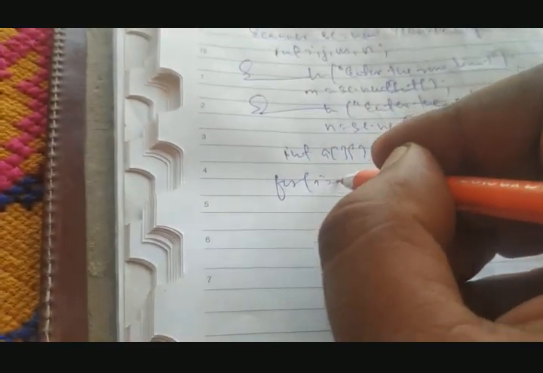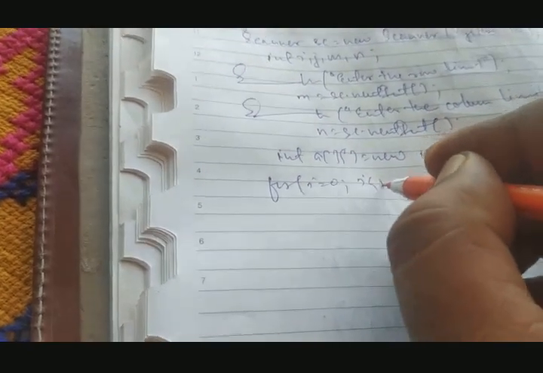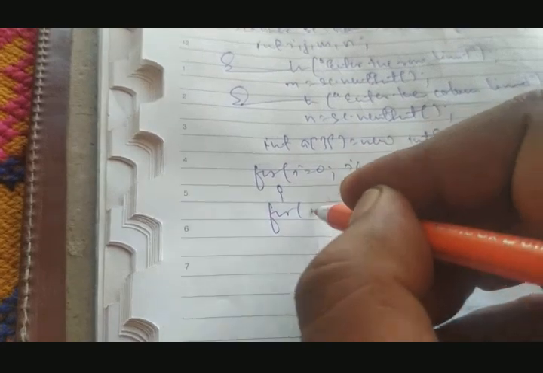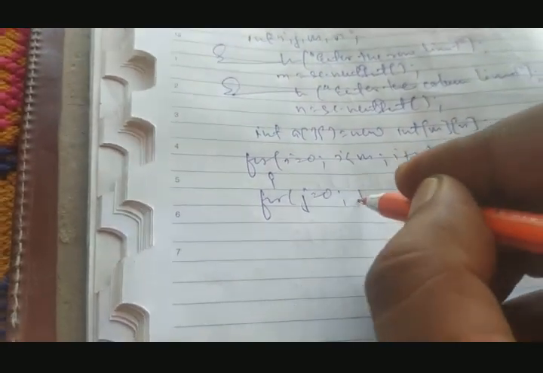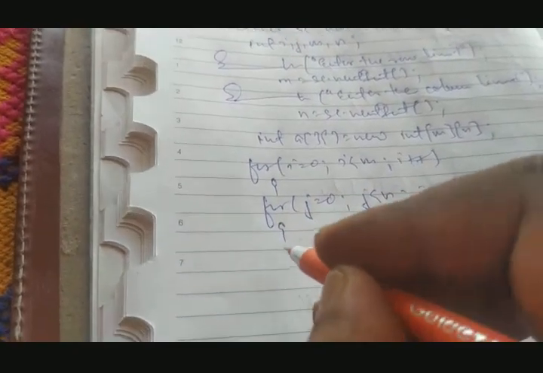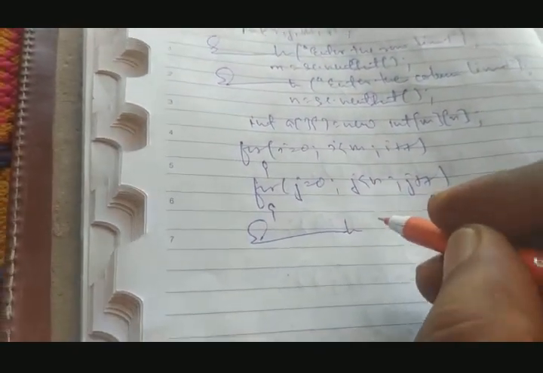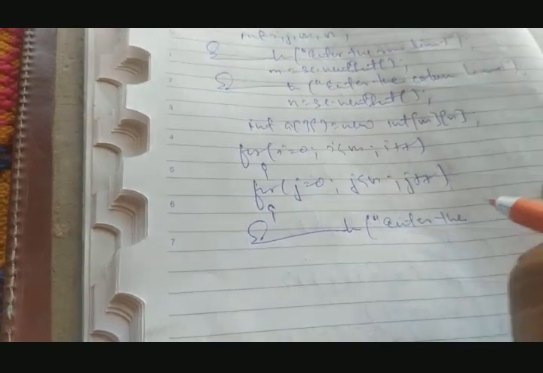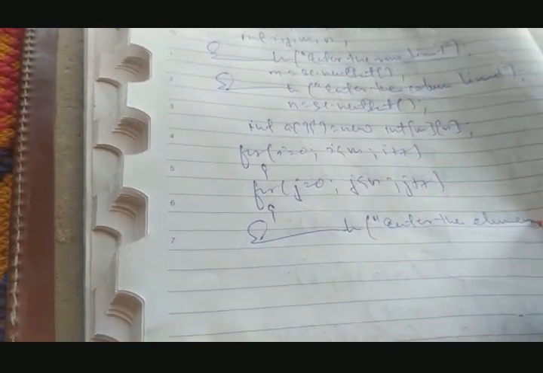For i equals 0, i less than m, i plus plus; for j equals 0, j less than n, j plus plus. Enter the elements.